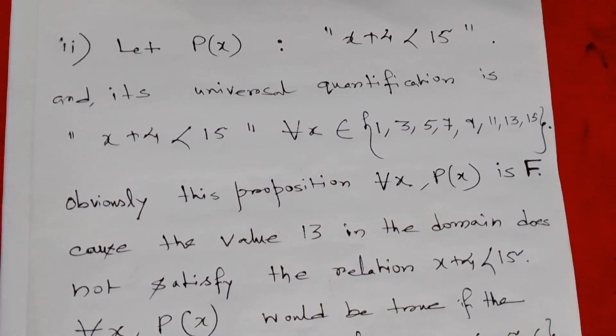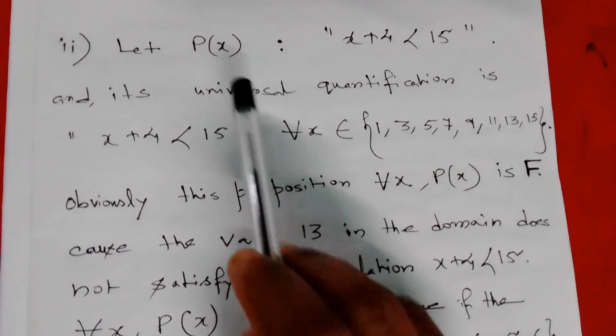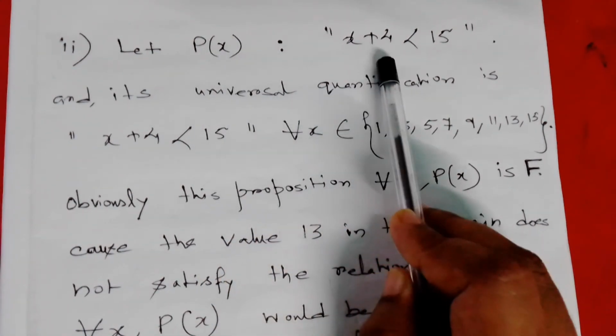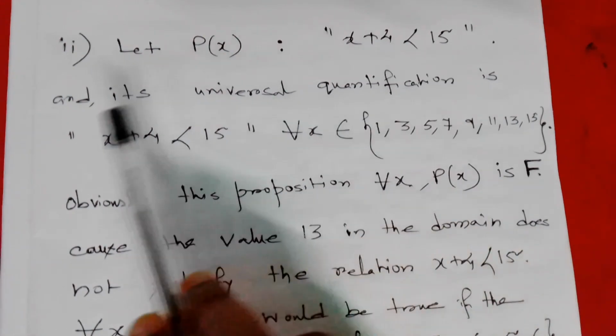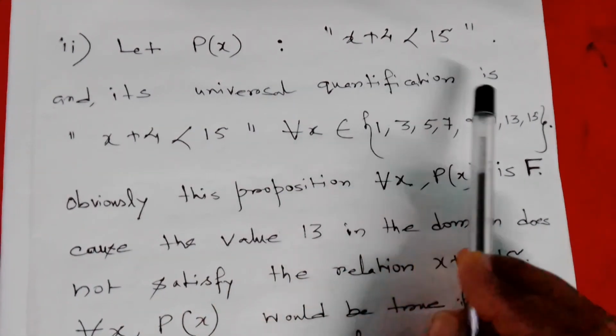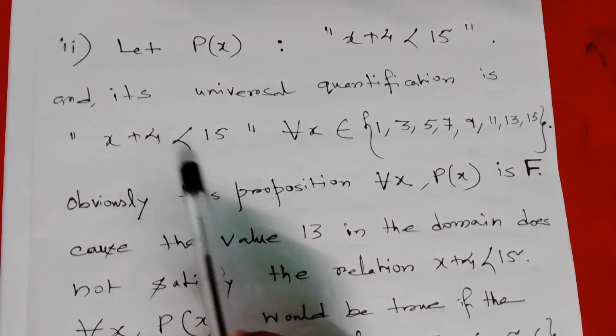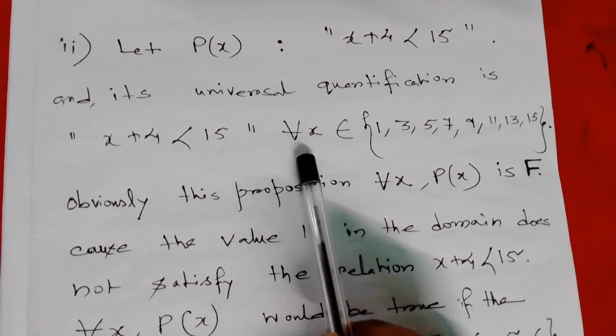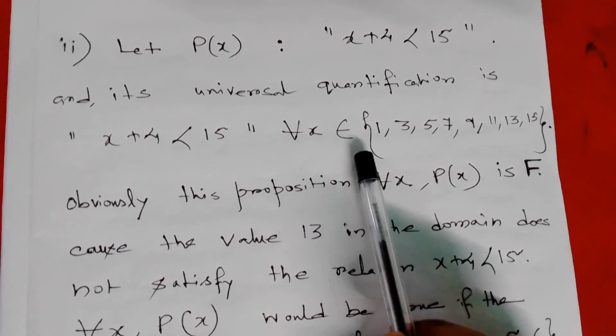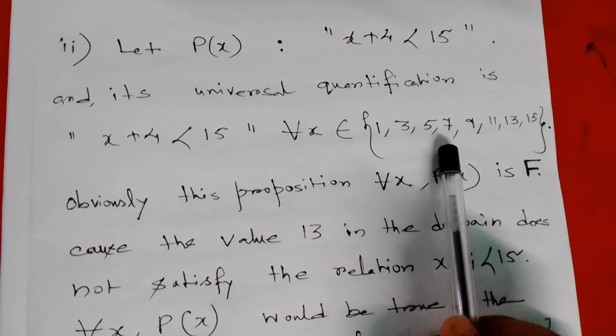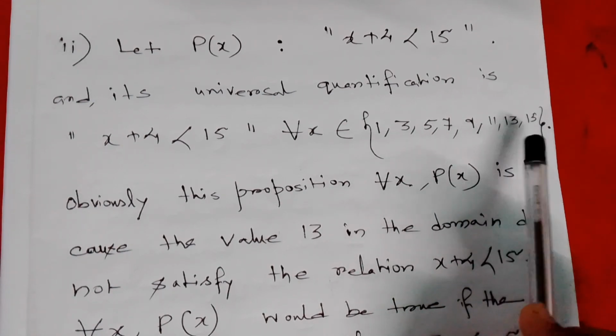Let me give you another example of universal quantification. Let P(x) be x plus 4 less than 15, and its universal quantification is, for all x, x plus 4 less than 15, where x belongs to the set 1, 3, 5, 7, 9, 11, 13, 15.